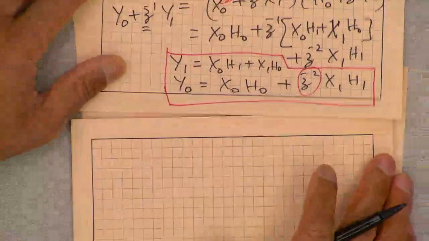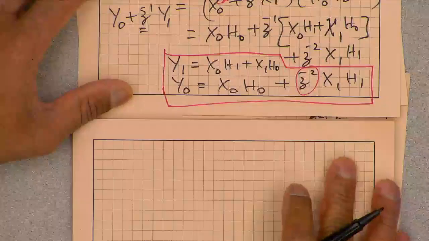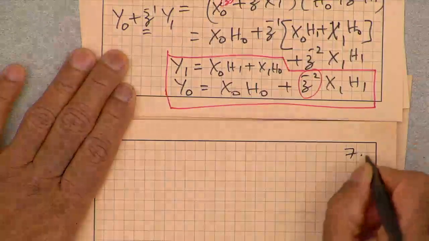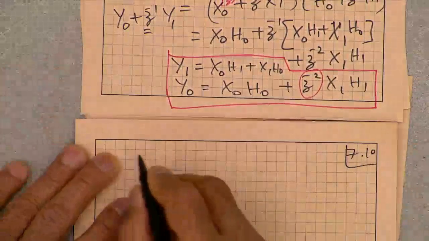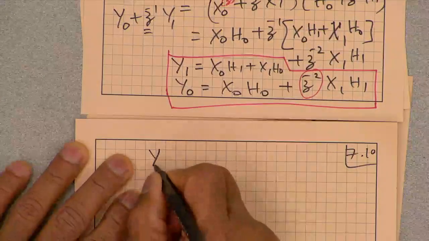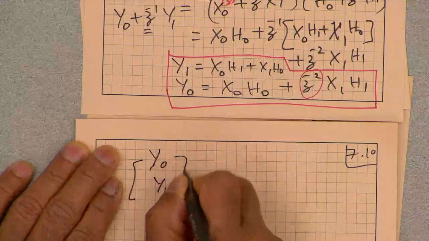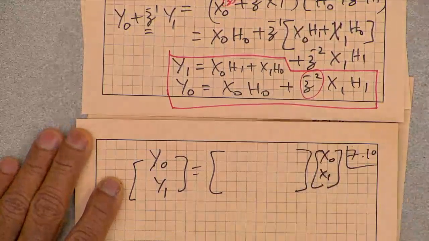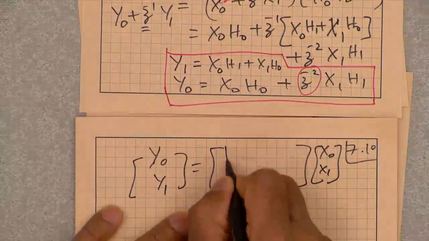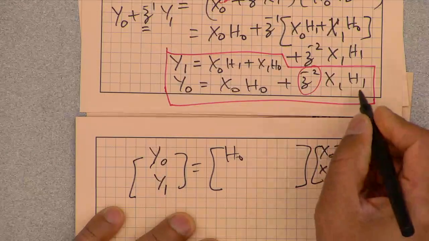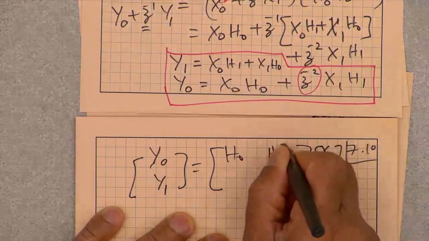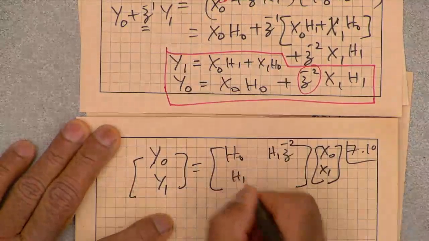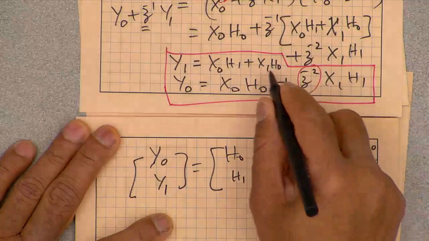If I want to describe these equations by matrices, okay, so y0 is h0 times x0 plus x1 times h1 z to power minus 2. y1 is x0 h1 and x1 h0.